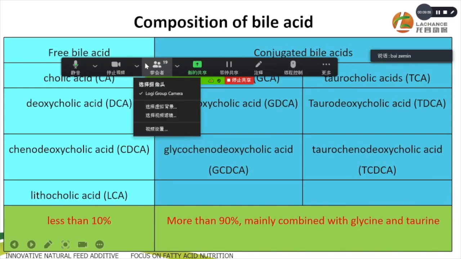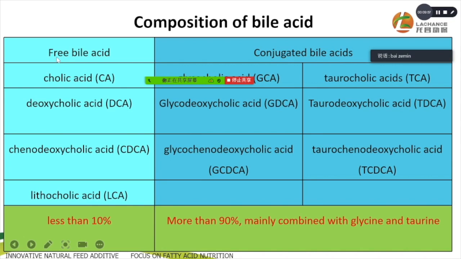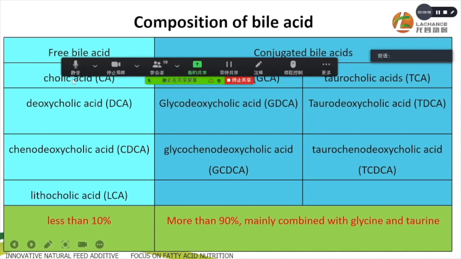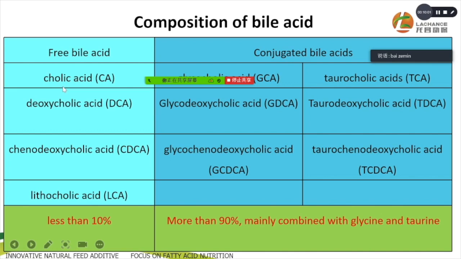Okay, bile acids are either free or conjugated. Free bile acids, such as cholic acid, deoxycholic acid, and chenodeoxycholic acid, make up less than 10%.